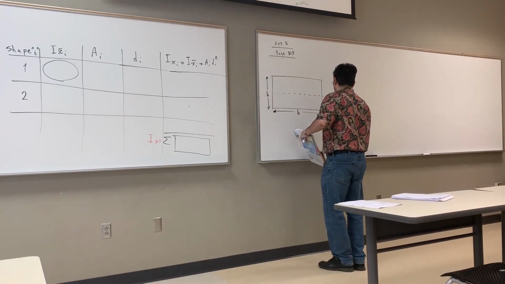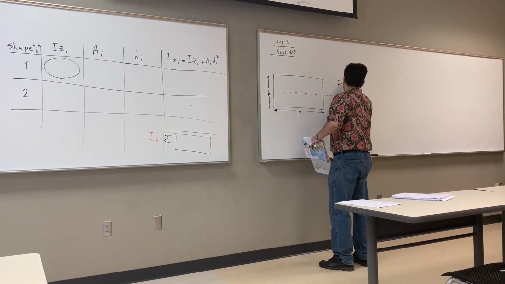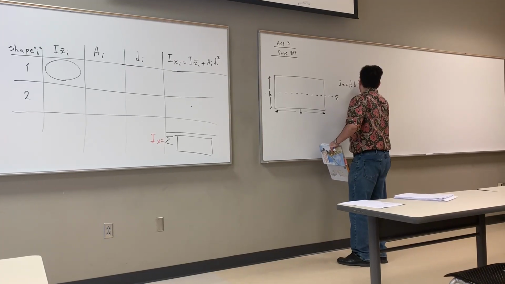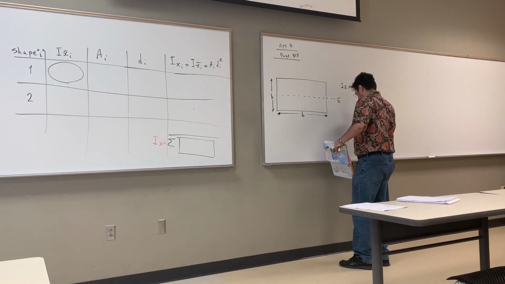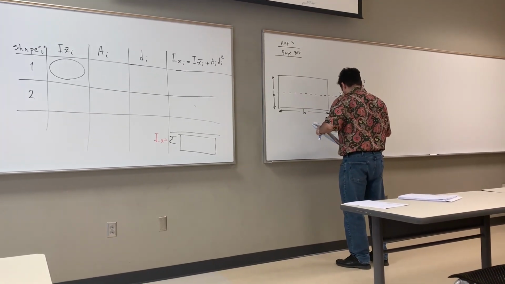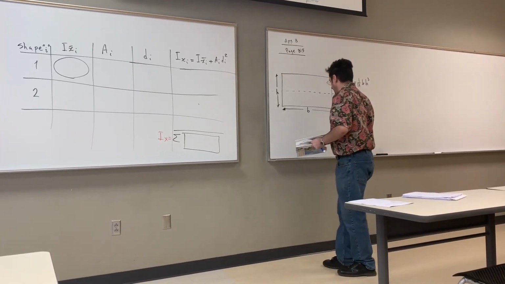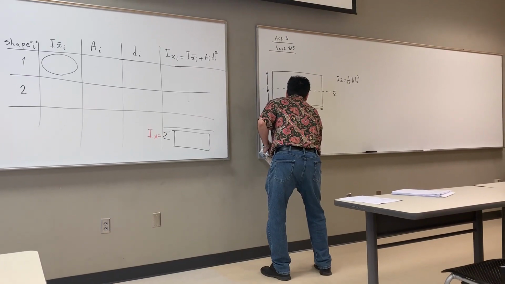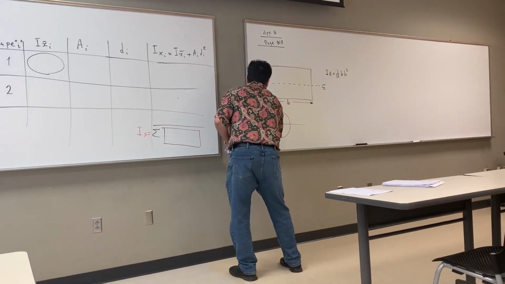For the rectangle, with b and h, I x bar is 1/12 b h cubed. That's for the rectangle, and then page number 814.